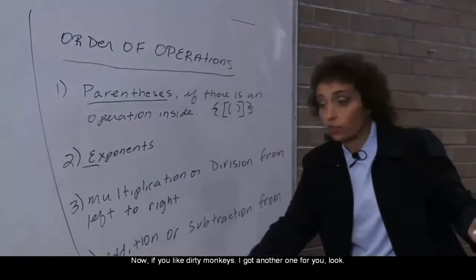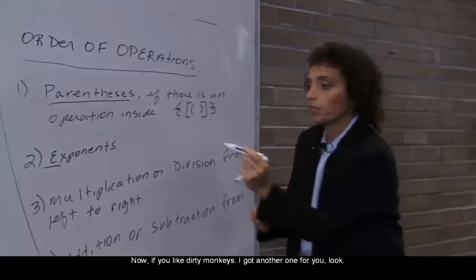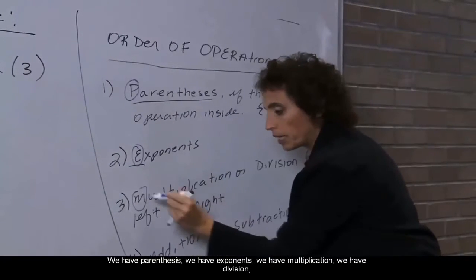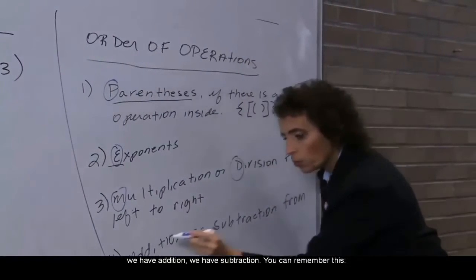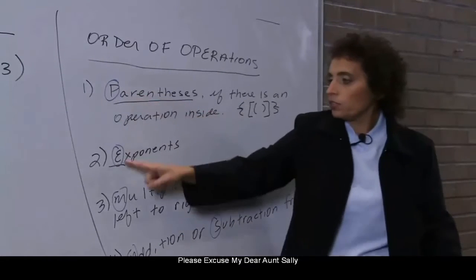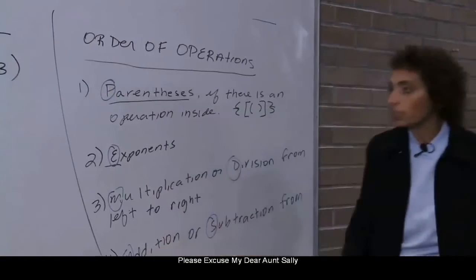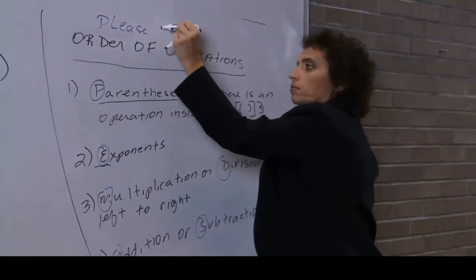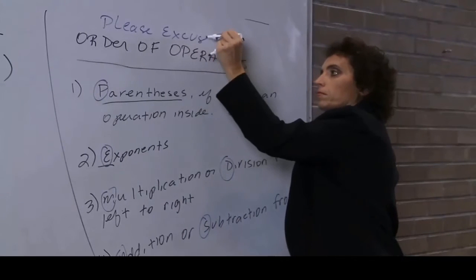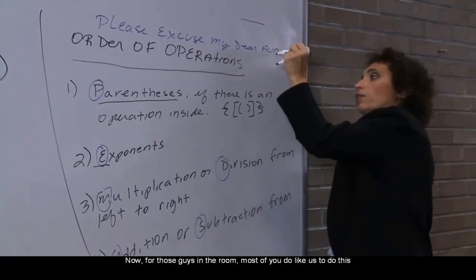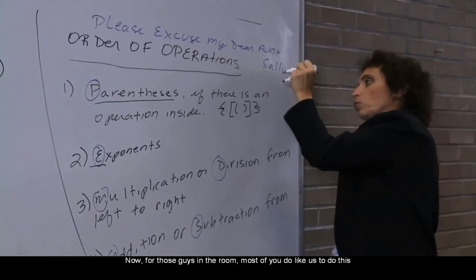Now, if you like Dirty Monkeys, we got another one for you. Look, we have parentheses, we have exponents, we have multiplication, we have division, we have addition, we have subtraction, and you can remember this: Please Excuse My Dear Aunt Sally. Now, for those guys in the room, most of you don't like to do this.